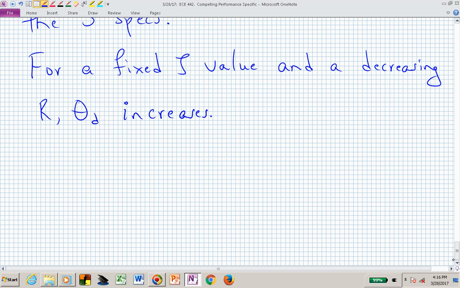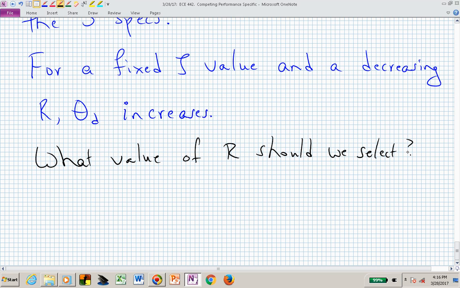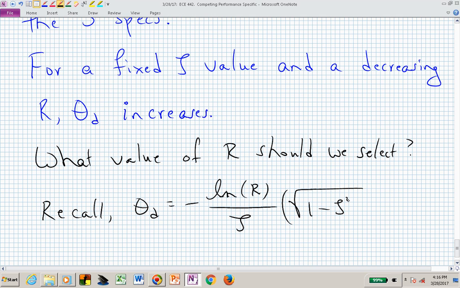What we want to do now is figure out what value of r we can pick, or should select. Now, remember what we have already derived. We have this formula, theta sub d is now minus the natural log of r over zeta times the square root of 1 minus zeta squared.